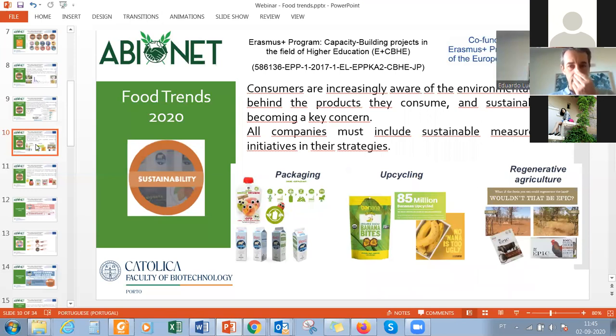Sustainability, we already spoke a bit. Sustainability could come from the primary production. Some companies start speaking about their products being based on regenerative agriculture. This is already related to that trend we saw before, which is transparency.